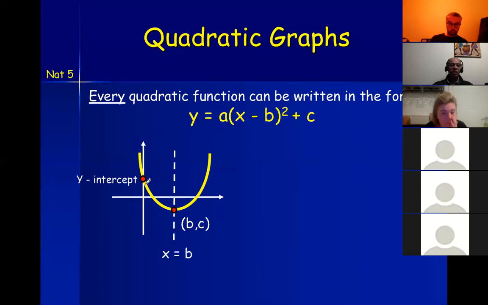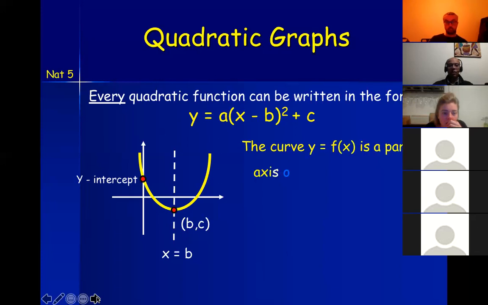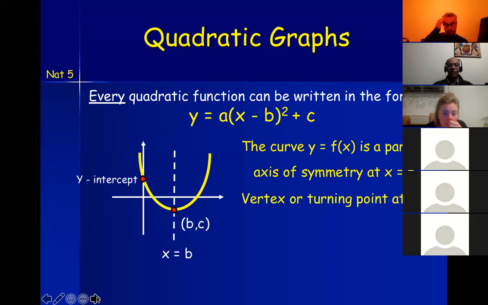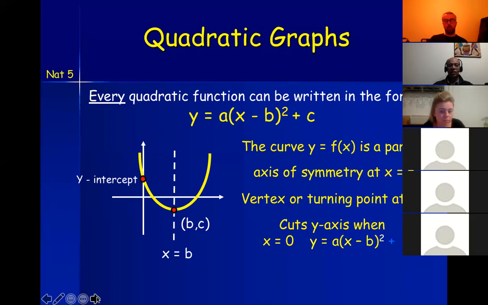That would be a times (0 minus b) squared plus c if you were to put that completely. So we've said these are parabolas, axis of symmetry, turning point at (b, c).